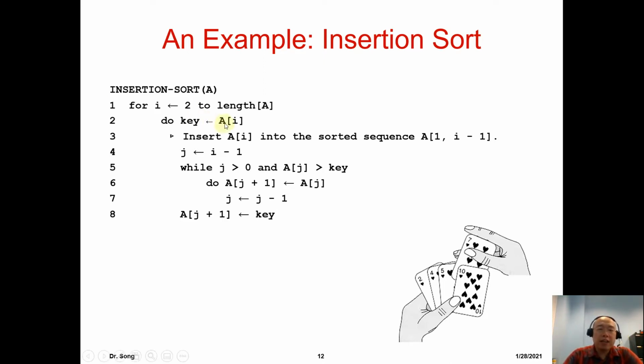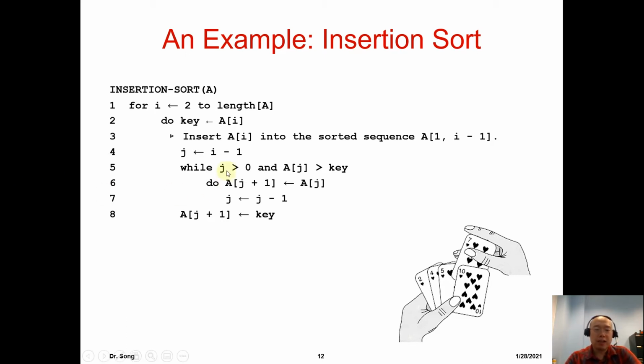We assign A[i], at the beginning i will be 2, so A[2], we put that into the key. So the key is the value we are trying to find the right location for. Okay? And then our goal from line 3 to line 8 is to find the right location for the key, and the key holds the value of A[i]. And how do we do that?